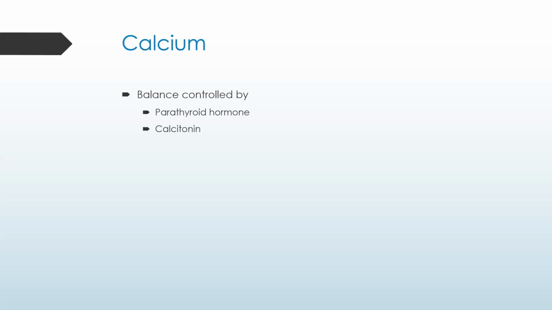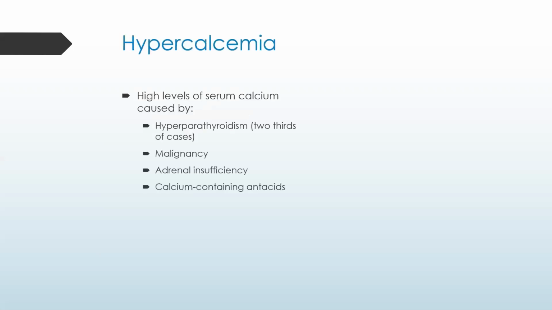Calcitonin is produced by the thyroid gland and is stimulated by high serum calcium levels. It opposes the action of PTH and lowers the level of serum calcium by decreasing GI absorption, increasing calcium deposits into bone, and promoting renal excretion.